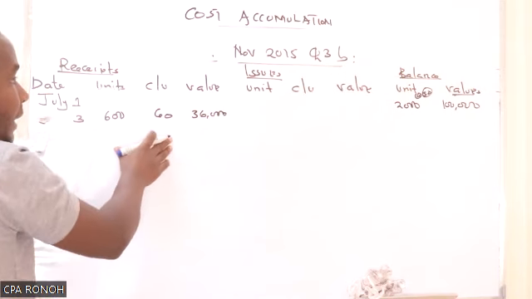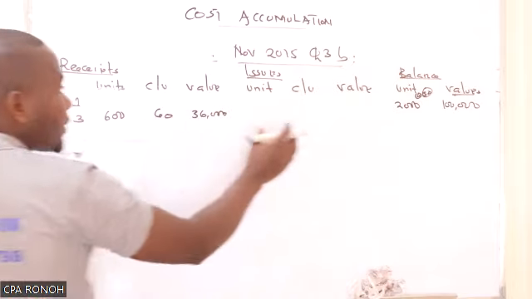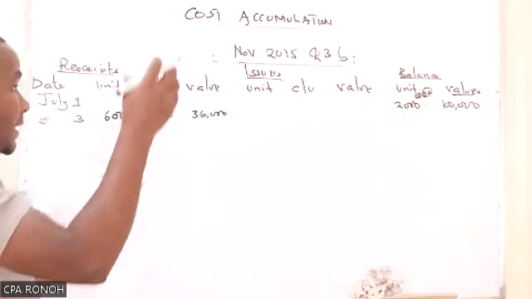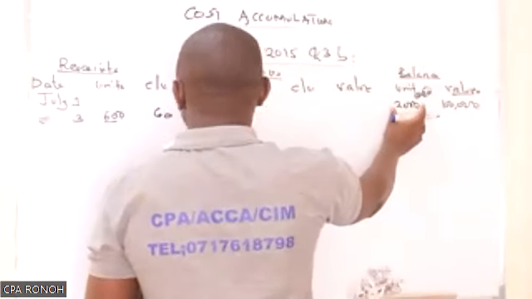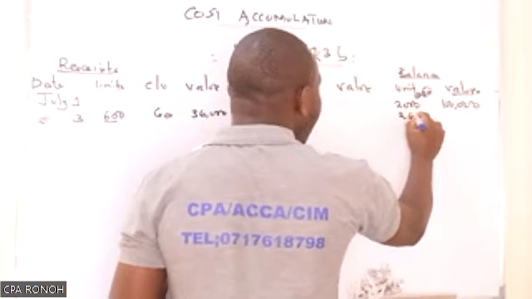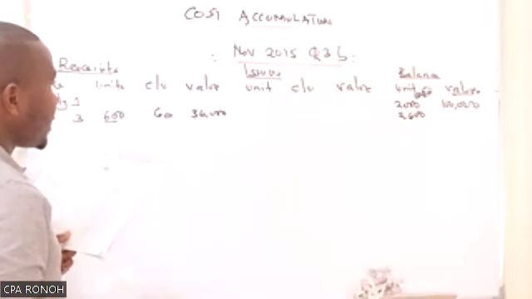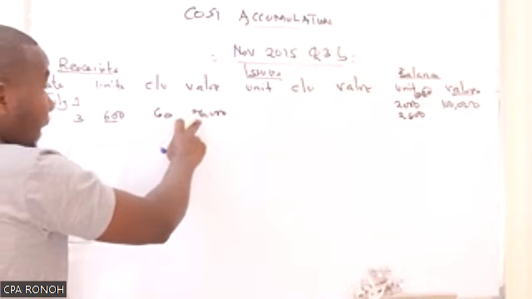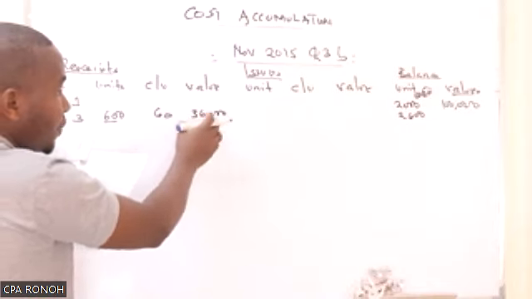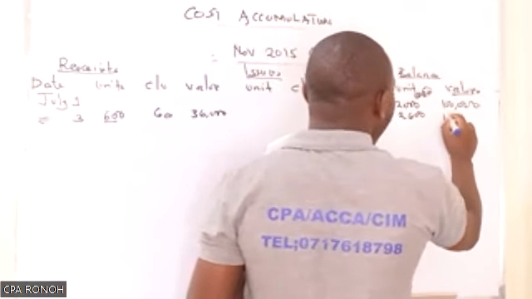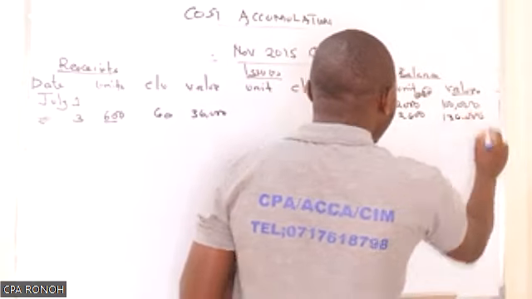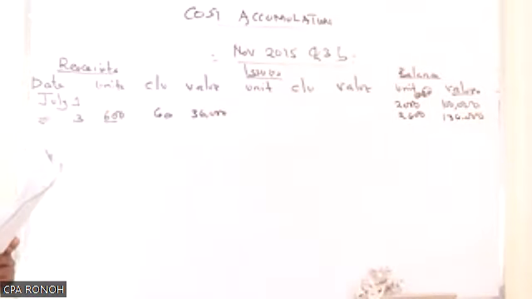Then you take this unit plus the previous unit, which is 2,000, so we have 2,600 accumulated units. Then you accumulate the value too: 36,000 plus 100,000 comes to 136,000.